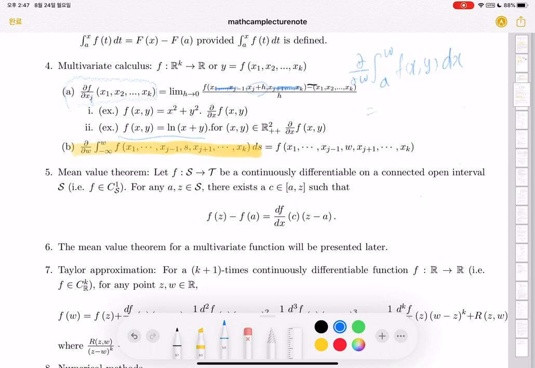Then it's f of w, y. It's called the Leibniz rule.